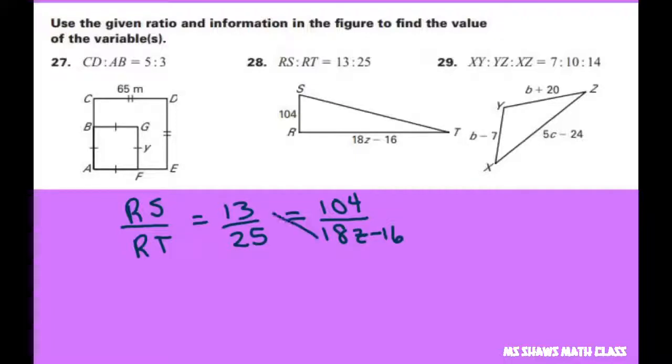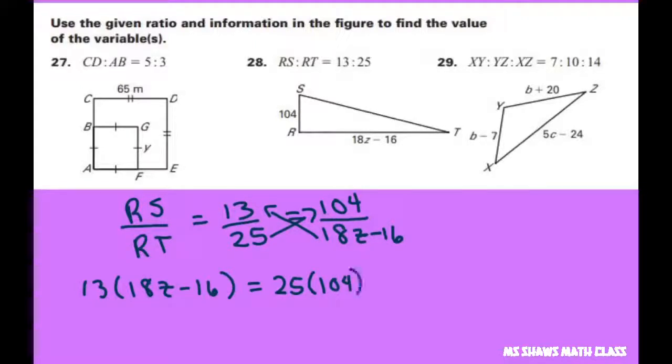So we'll just cross multiply here, and you get 13 times 18Z minus 16 equals 25 times 104. 13 times 18 is 234Z. 13 times 16 is 208. And 25 times 104 is 2600.